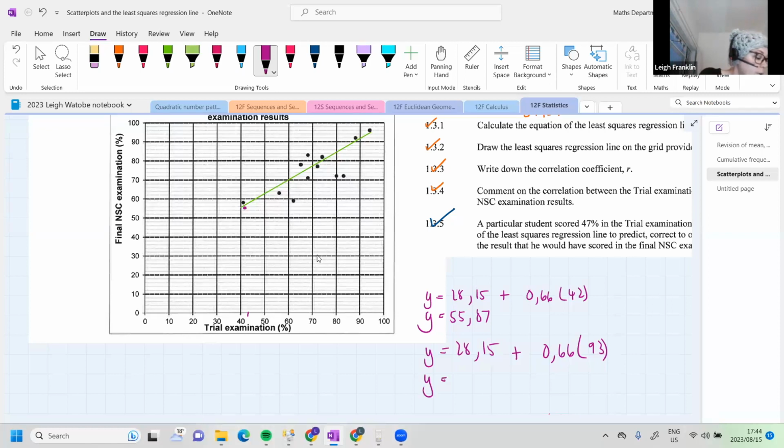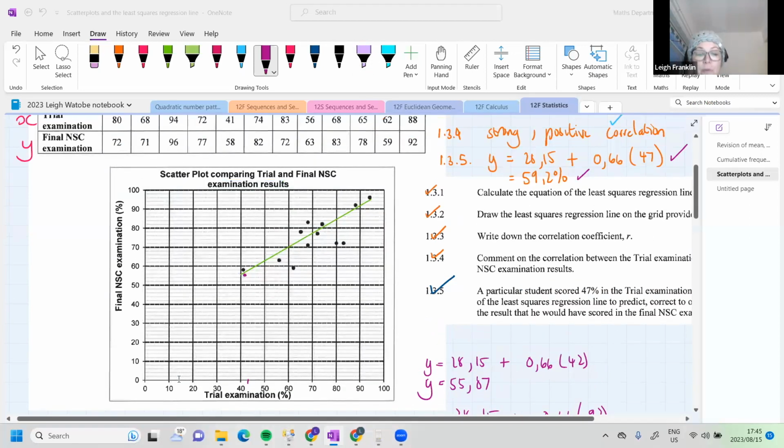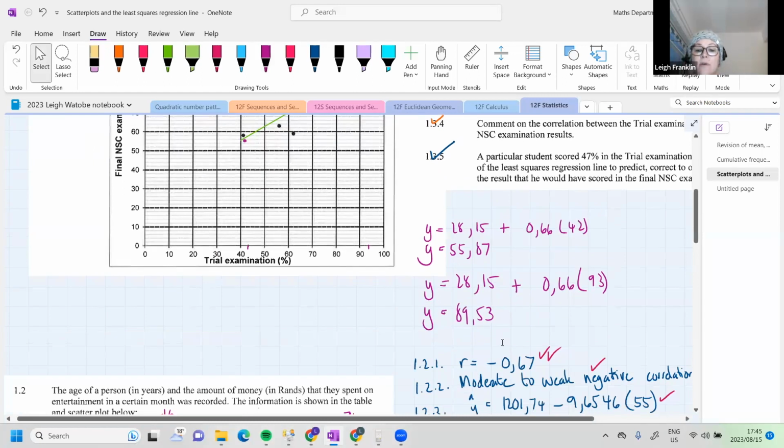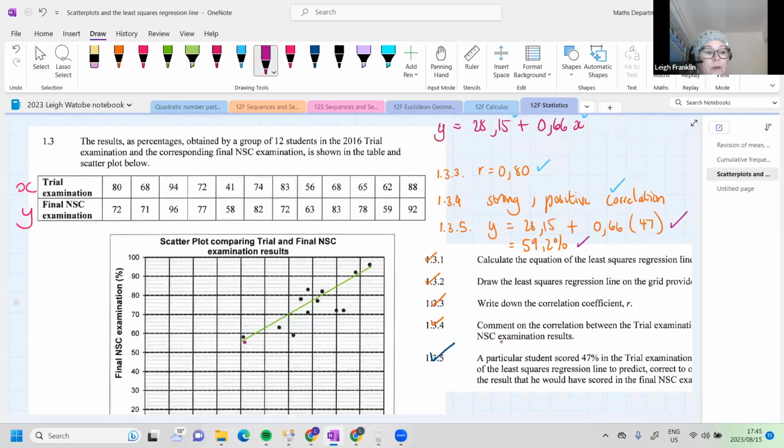We'd end up with... are you guys getting 89.53? That's it. Okay, so 93 would be somewhere over here, and that correlates with 89.53.